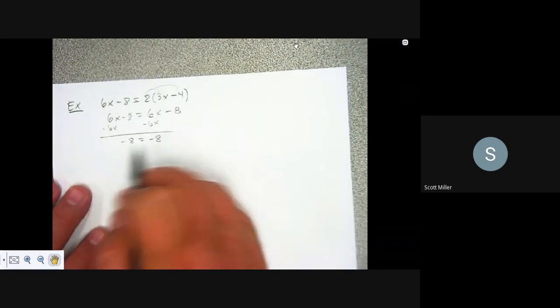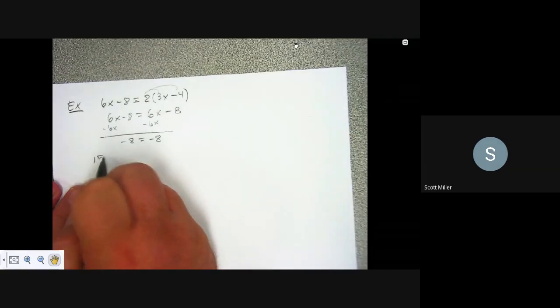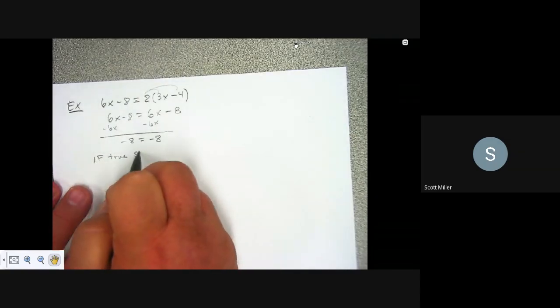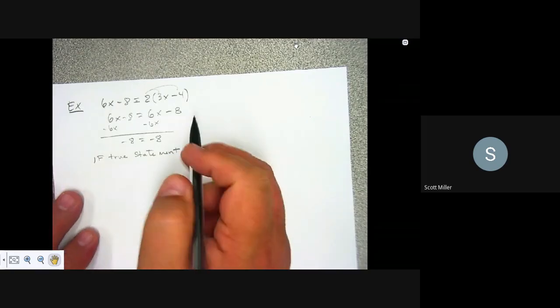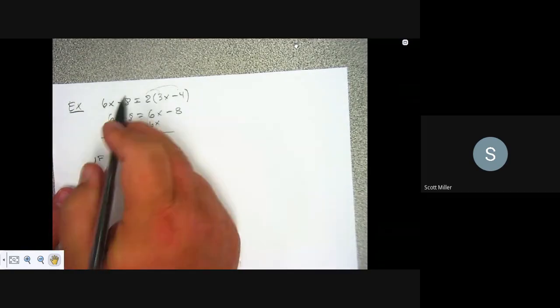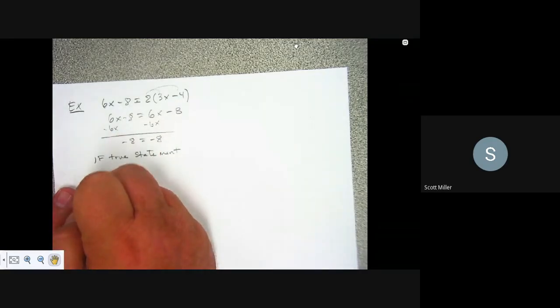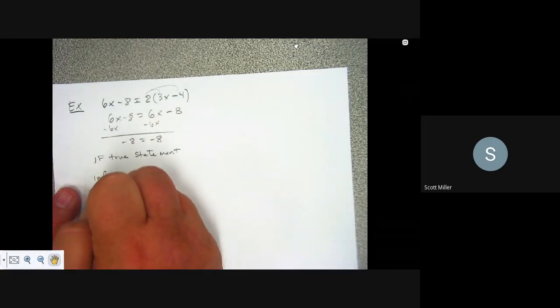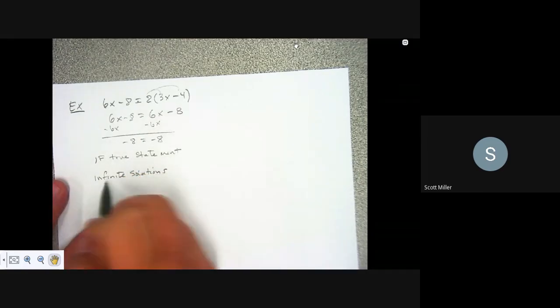When the 2 numbers are equal here, this is a true statement. So if you get a true statement, as in this case, that means that you have infinite solutions. That means all answers work.